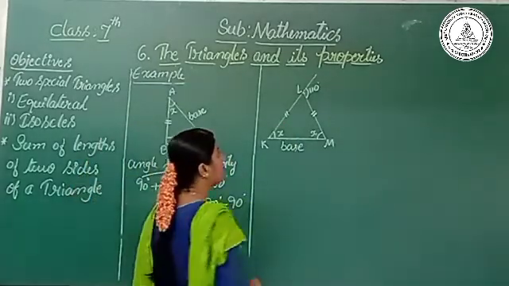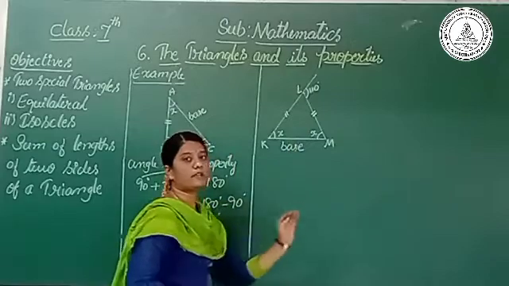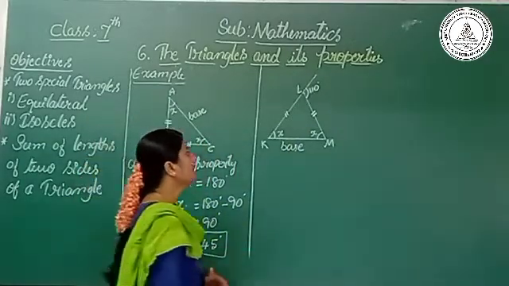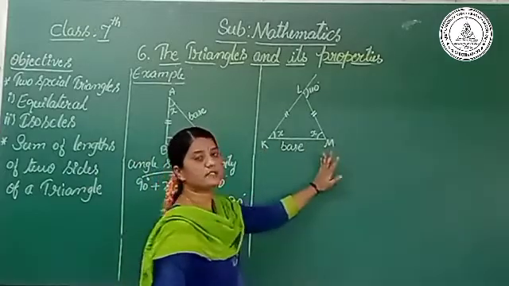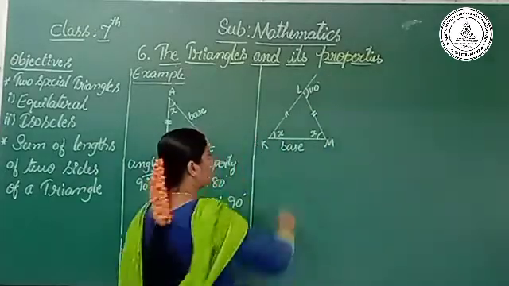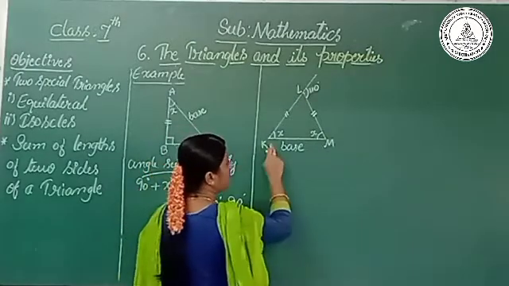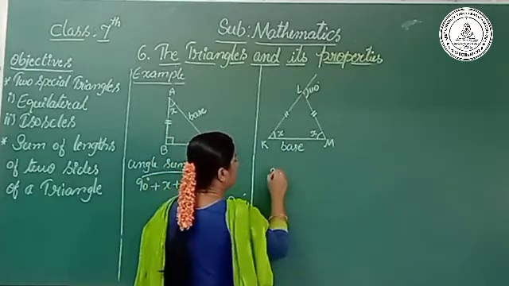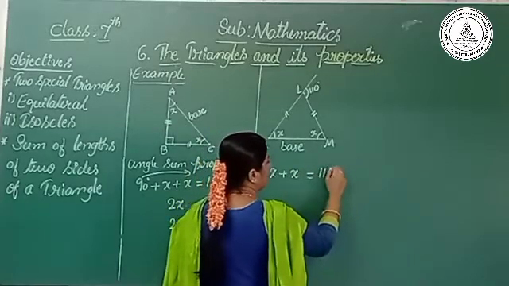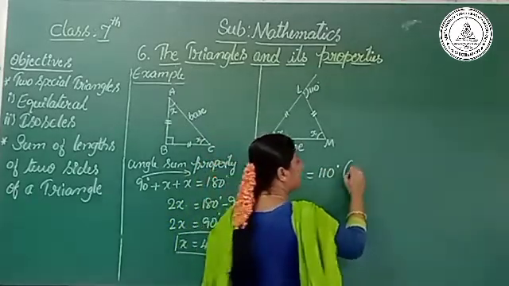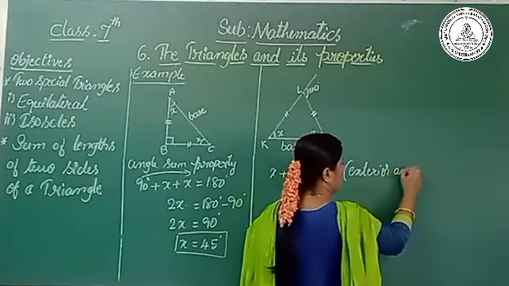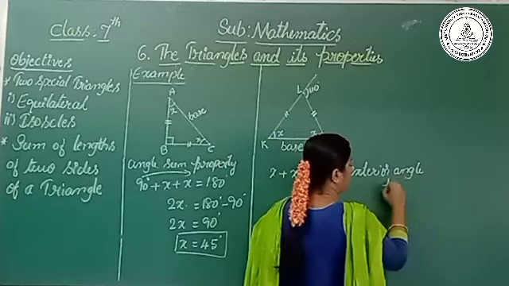So let's find out using the exterior angle property of a triangle. What it says is that the sum of the interior opposite angles is equal to the exterior angle, right? So the sum of the interior opposite angles, x plus x, is equal to 110 degrees, by the exterior angle property.